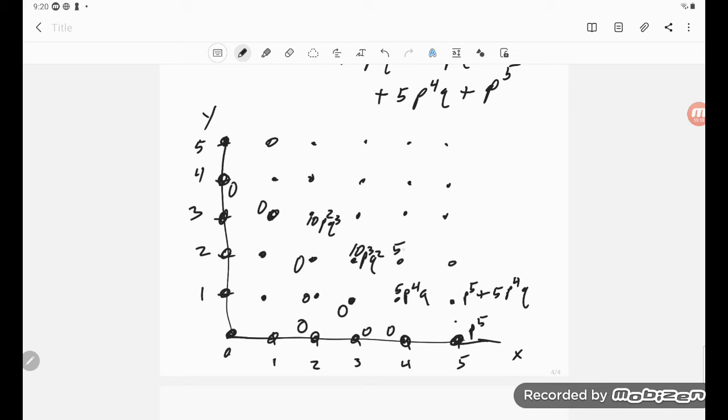Yeah, 5 p to the 4th q plus 10 p cubed q squared.